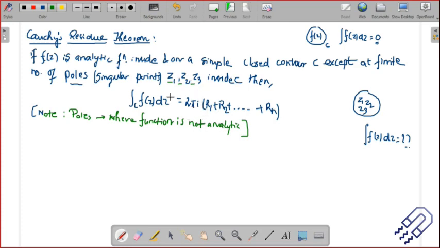And if it is analytic everywhere, the integral is going to be 0, as per Cauchy's theorem. One more thing we should note: what are r1, r2 and so on? This is a notation I have used for the first time. These r1, r2, rn are called the residues, and these are residues and poles.